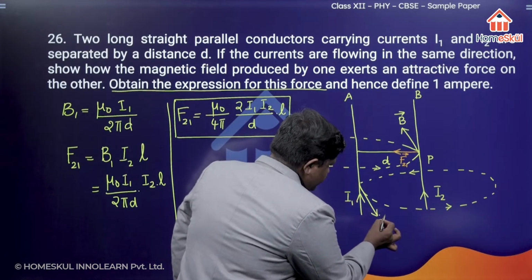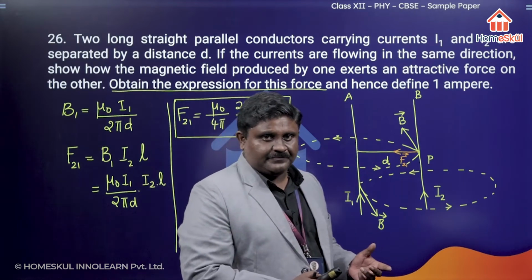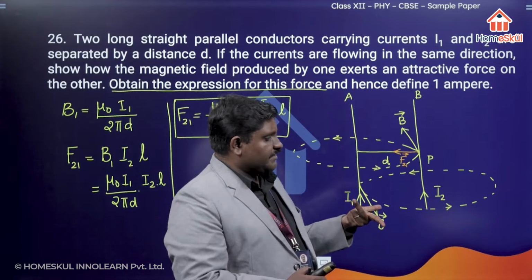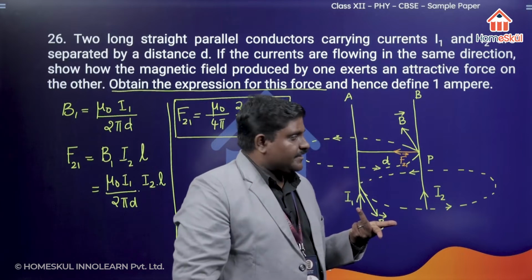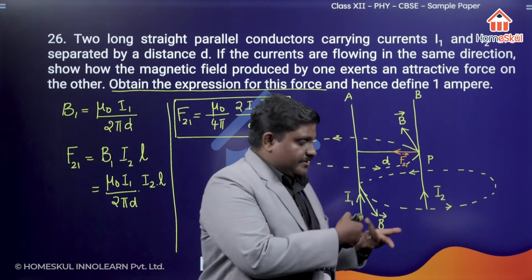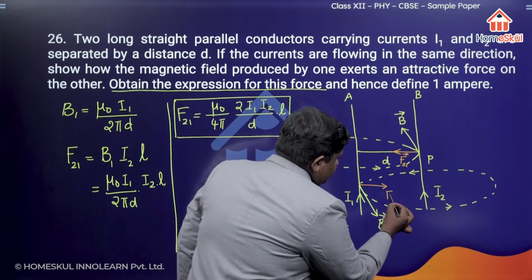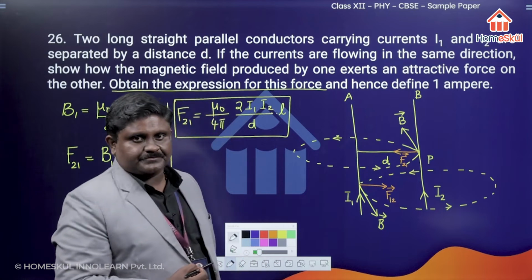This is B. Then when we apply Fleming's left hand rule, the magnetic field is outward and the current is moving in the upward direction, so the force acts towards B. This is the direction of F12, that is the force on conductor 1 due to 2.